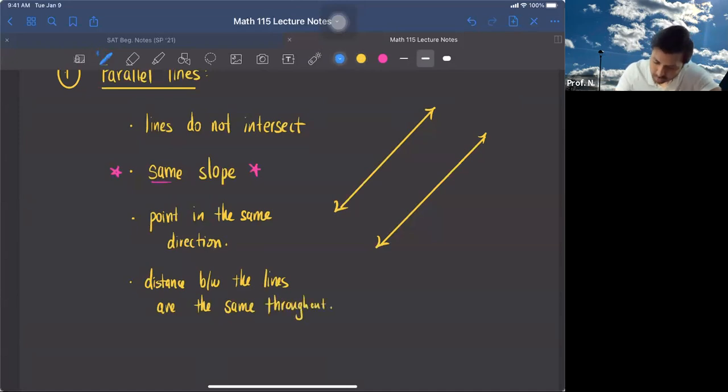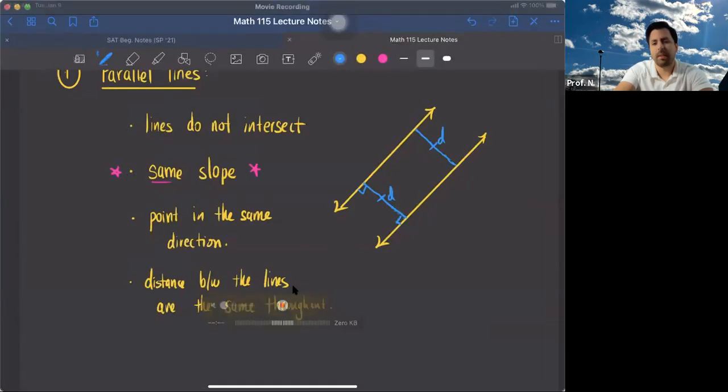So if I draw a line that's perpendicular, we'll talk about that, and I want to find the distance, it's always going to be the same. This length here will be the same as this length here. It's the same throughout.